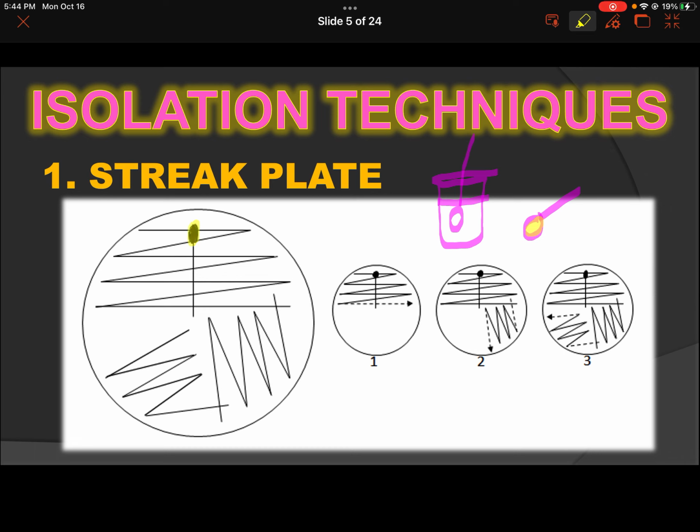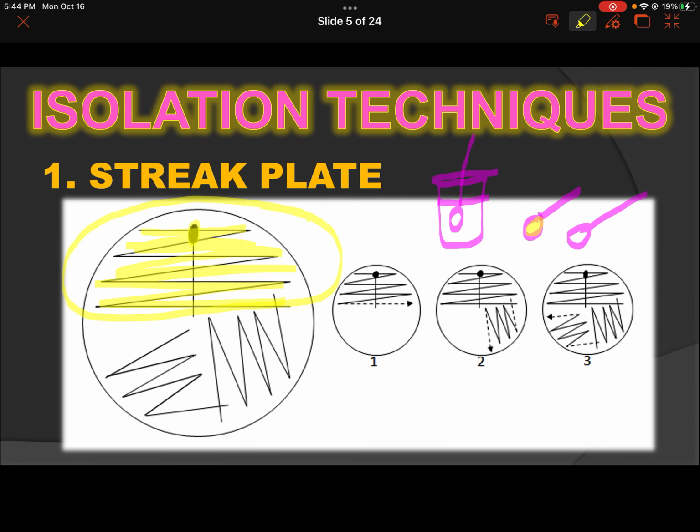Then using the same loop that you used to pick up the specimen, you do the streaking, such as this one. And what do you do next? Because in this area, the first streak contains concentrated microorganisms. So what you're going to do is change the loop. You get another inoculating loop.